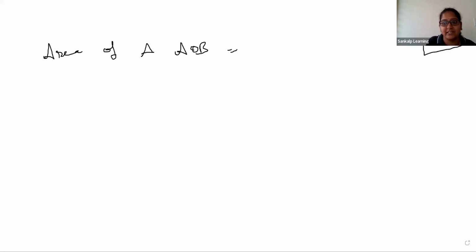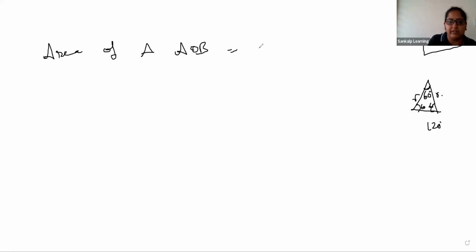Theta was 60 degrees, right? See, when theta is 60 degrees, what did I tell you? These two are radii. If the angle is 60 degrees, then it is an equilateral or equiangular triangle, because these two are equal. So each angle will be 60 degrees. Remember, if theta is 60 degrees, that is an equiangular or equilateral triangle.